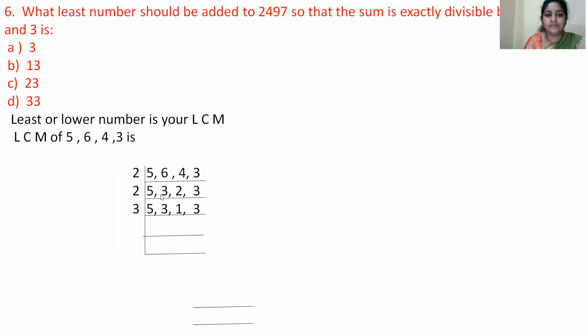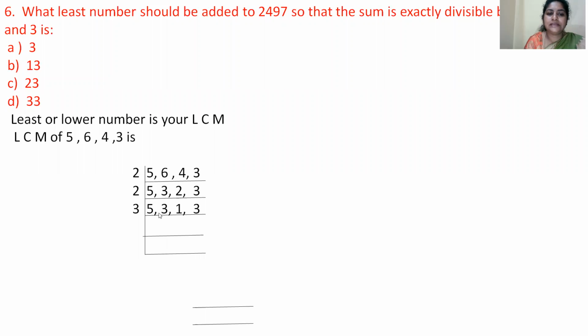We have 5, 3, 2 and 3. Again 2 can be divided by the least multiple, that is 2. 2 ones are 2. The rest we can write as they are, that is 5, 3 and 3, as 3 is not divisible by 2.